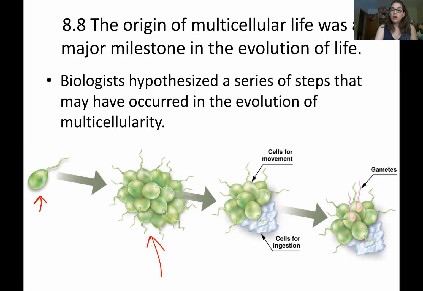Then over time, that colony was able to have cells that differentiated, cells that had different functions: cells for eating, cells for movement, and even later cells for replication or reproduction. So we believe that it occurred in a stepwise fashion of complexity.